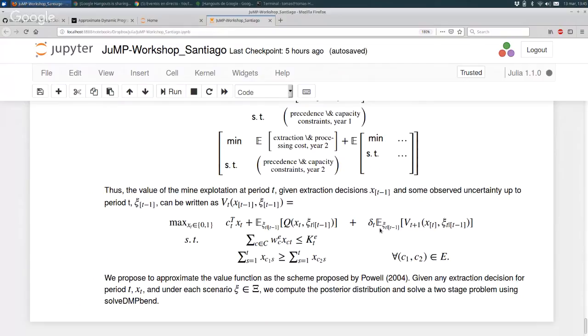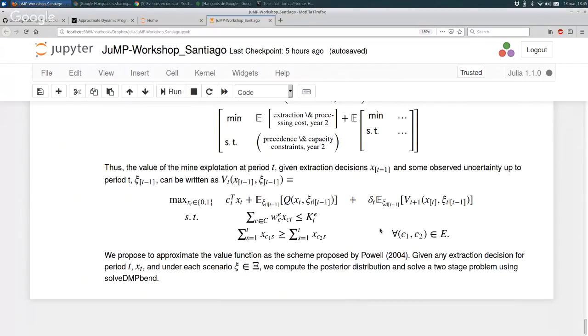And so what's inside that expected value is just this continuous knapsack I showed you before, sorting the loss and getting the best one. Because given the first-stage variable, you just need to know how you're going to process all the blocks under each scenario. Okay? So that's the idea, roughly speaking.